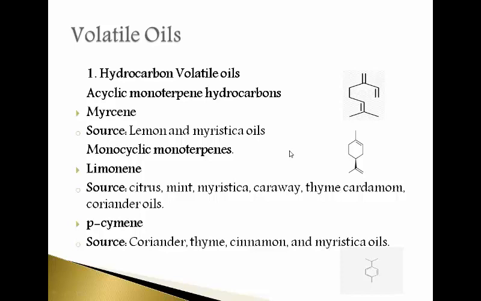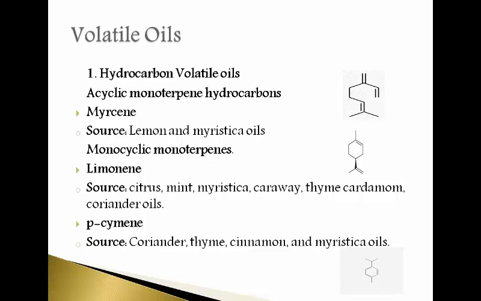Now the second one, monocyclic monoterpene. It means that it has one ring that is composed of isoprene units, but being monoterpene, it has the same 10 carbons. And the examples include limonene, which is present in citrus, mint, myristica, caraway, thyme, cardamom, and coriander oils.